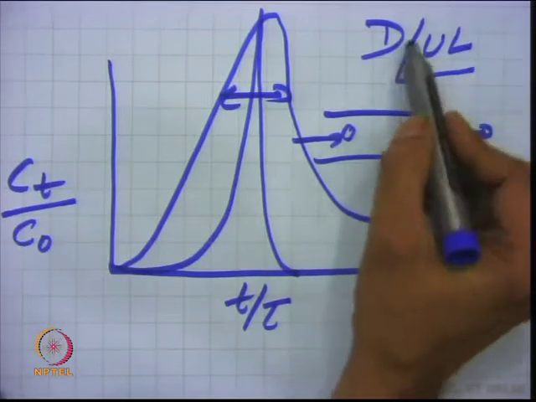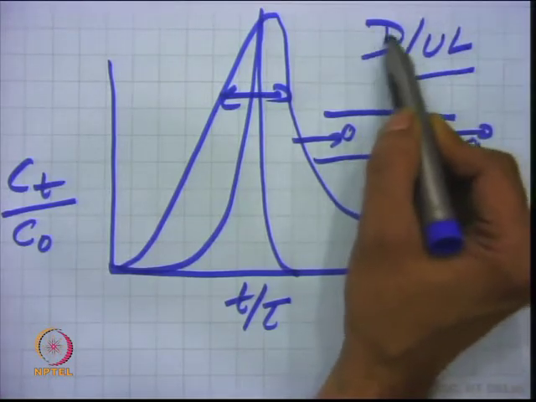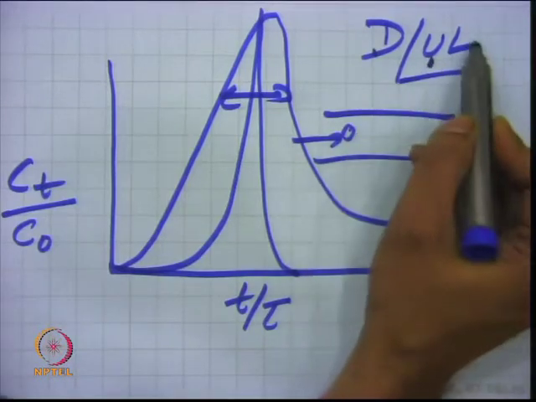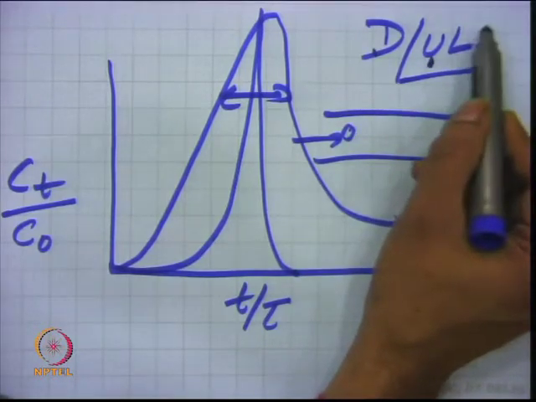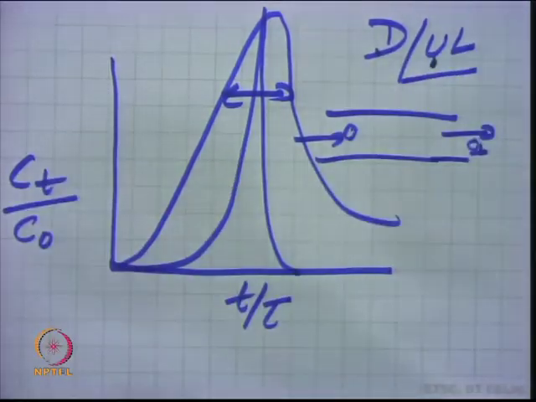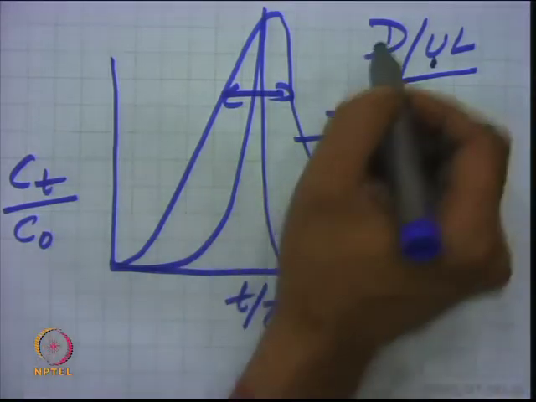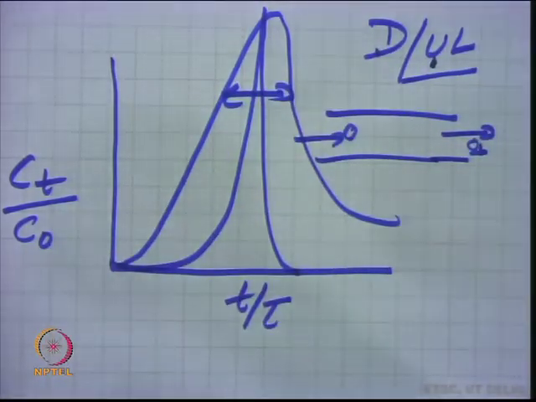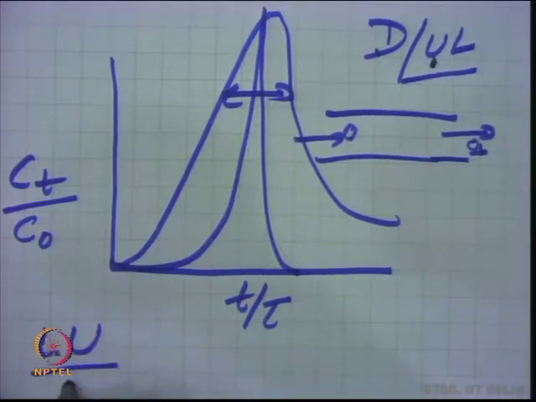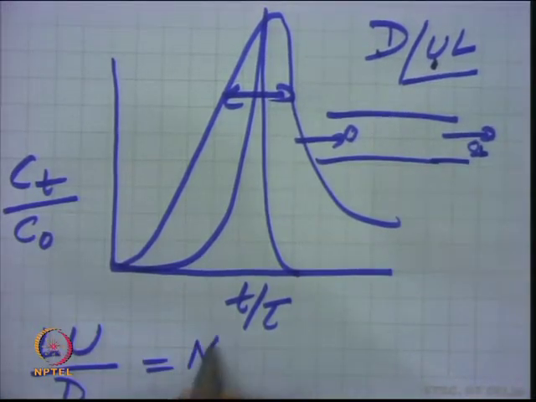So, this is known as the dispersion number, where this is the dispersion coefficient, this is the superficial velocity, and L is the length of the reactor. So, this number becomes important. For a plug flow reactor, this dispersion number should approach 0, or the Peclet number, which is LU by D. So, LU by D is known as the Peclet number.